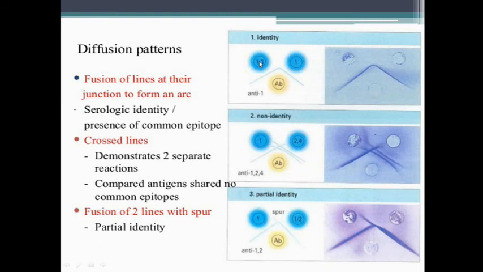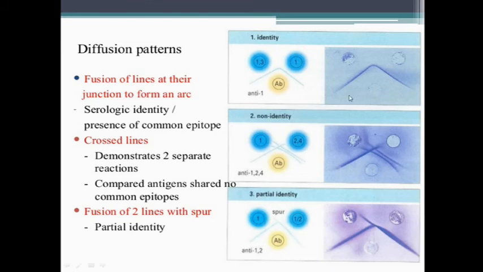Here we know the antigens are similar. We pour them into one well and into the other well. Here antibodies are present.